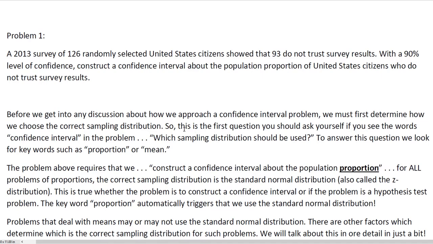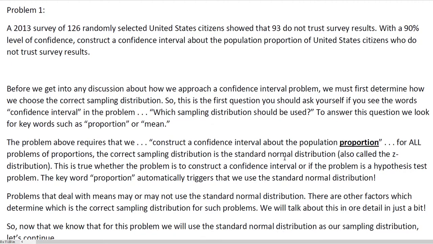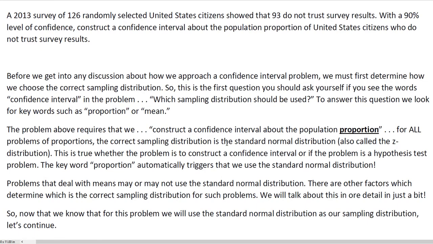Since this problem is looking for a proportion, and we know that because of keywords, it says construct a confidence interval about the population proportion of. The rest doesn't matter as far as determining which would be the correct sampling distribution. If we're doing a problem that deals with proportion, we will always use the standard normal distribution. Also, we can call it the Z distribution.